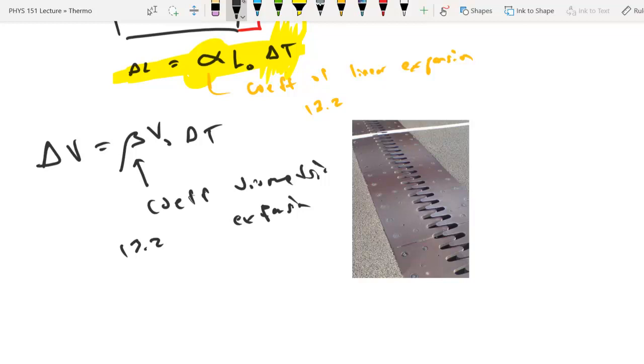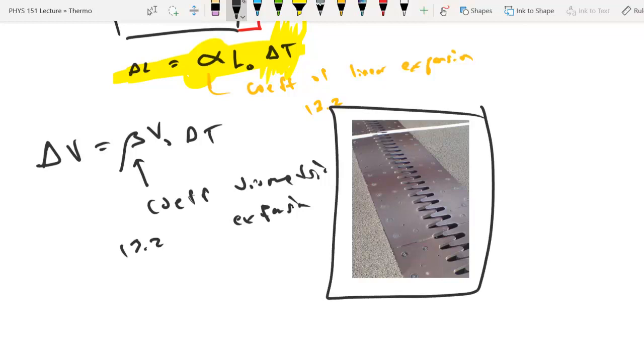One of the things you might see here, if you have a big temperature difference, maybe between winter and summertime in places, or even just between day and night, you might see roadways and things that have these gaps in them. These are called expansion gaps because it needs to expand.